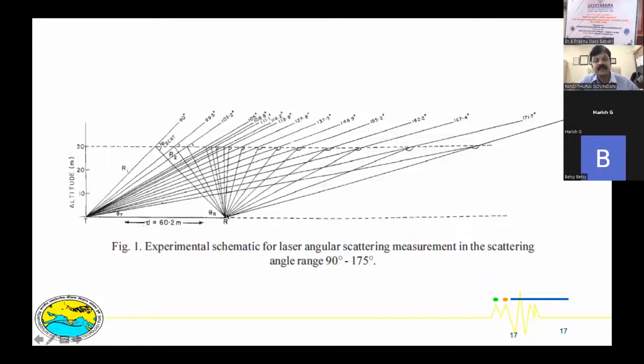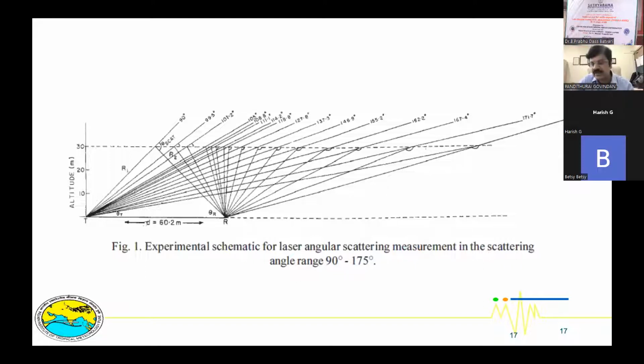The one advantage I could see with the bistatic LIDAR as compared to the monostatic LIDAR is that in monostatic LIDAR, you can only get the backscattering information. Here you can get the angular scattering. So even at the same height, you can tilt the beam and receiver to different angles to get the information at the same height, which was used to derive the aerosol size distribution and refractive indices.